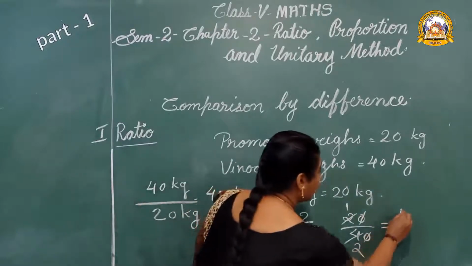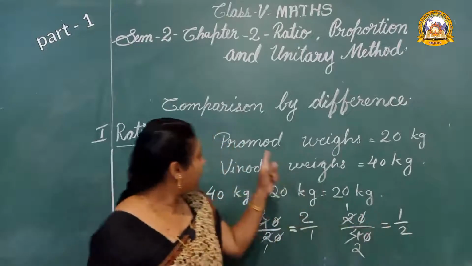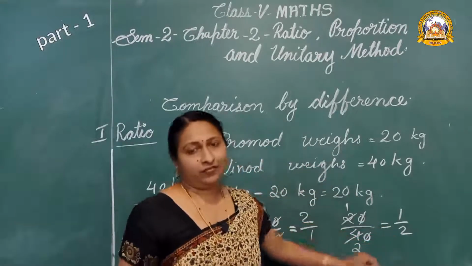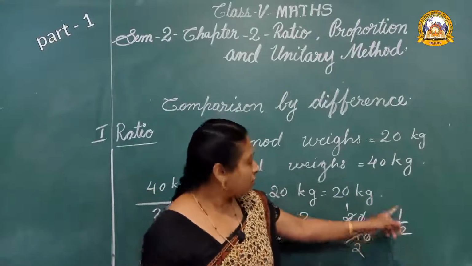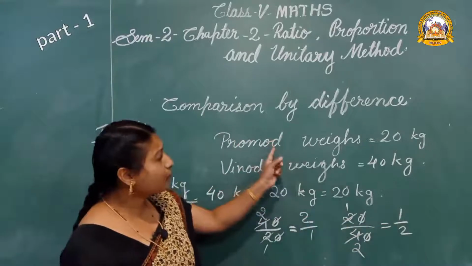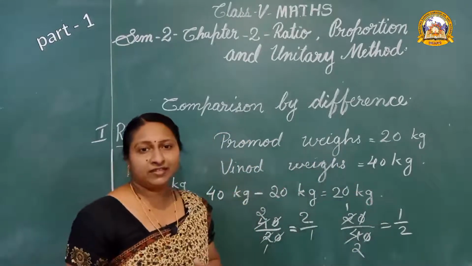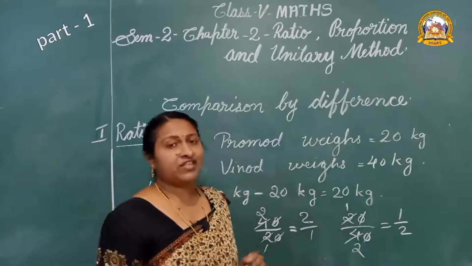The lowest term 1 by 2. Here we can say Pramod's weight is half of Vinod's weight. What is the meaning of 1 by 2? Half, no? So we can say Pramod's weight is half of Vinod's weight. Okay? It is the comparison by division.